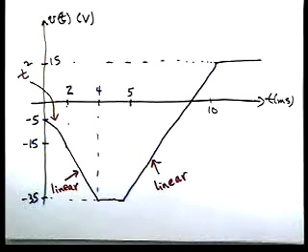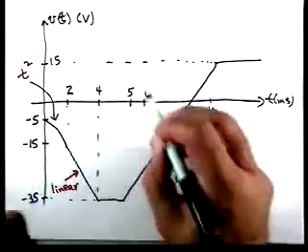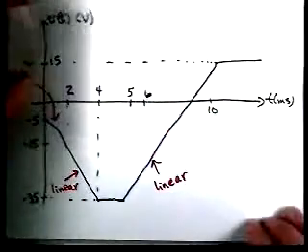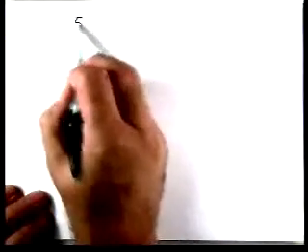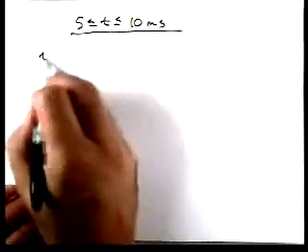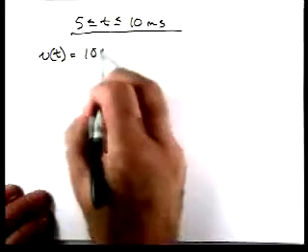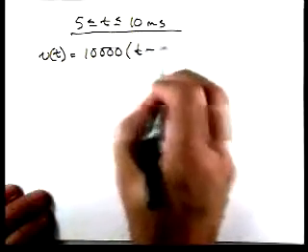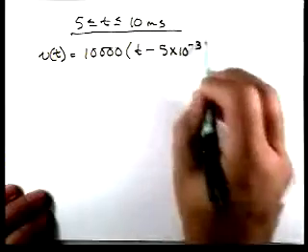Now we've got one last thing to calculate. We wanted the energy stored in the capacitor at t equals 6 milliseconds. On our plot, here's 6 milliseconds, so we have to calculate that voltage value. We know between 5 and 10 milliseconds the voltage is given as this.